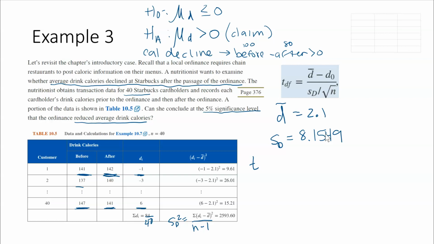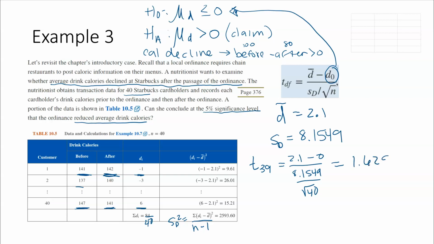Recall that our degrees of freedom is n minus 1. Our d sub 0 is always coming from the null and alternative. So it's 2.1 minus 0 over 8.1549 divided by the square root of 40. So our test statistic here is 1.629.